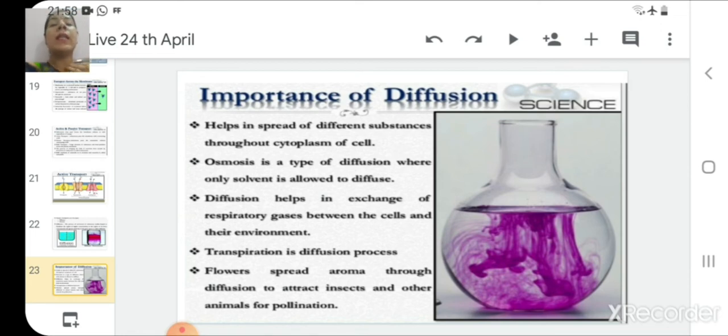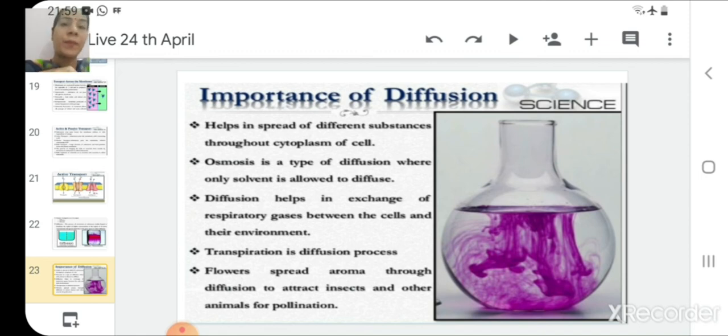When you inhale, the air is rich in oxygen, and the oxygen concentration in that air is more than the concentration of oxygen in the blood capillaries around your lungs. So the oxygen moves from higher concentration to lower concentration, from the lungs to the blood through the blood capillaries.